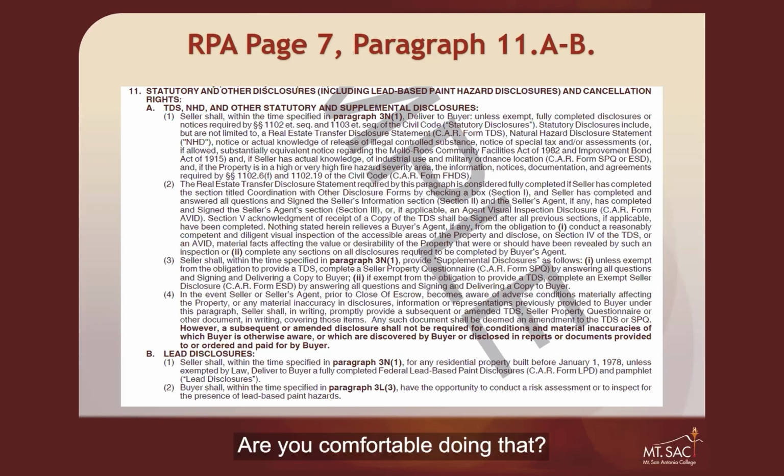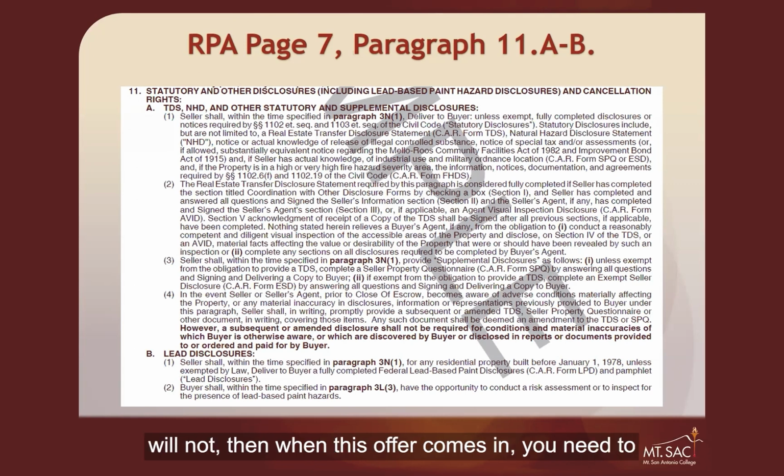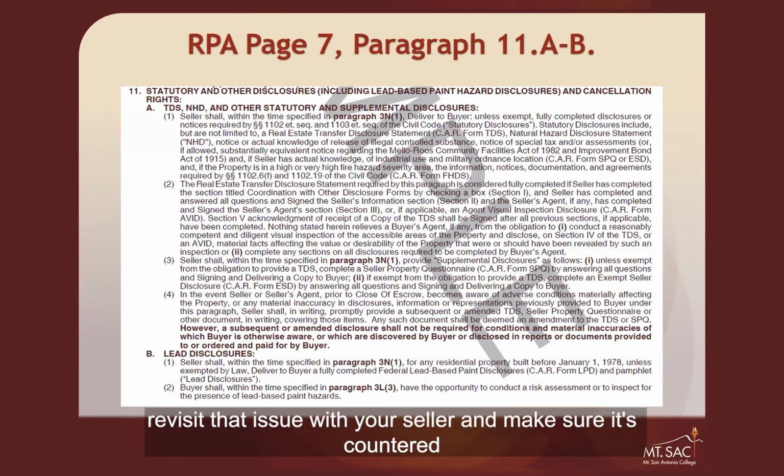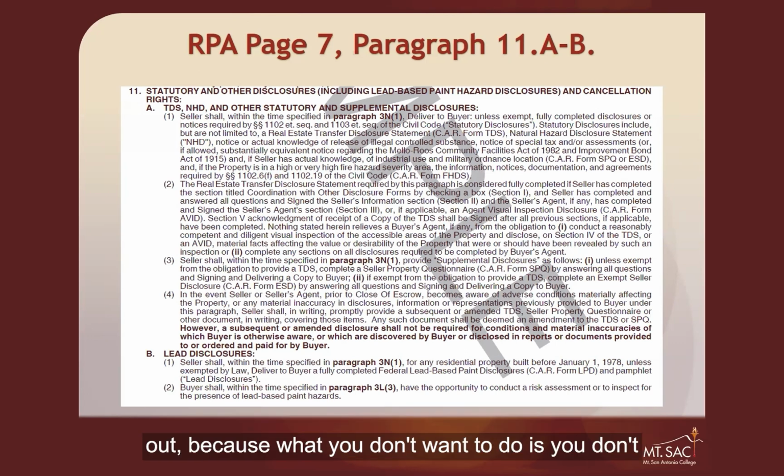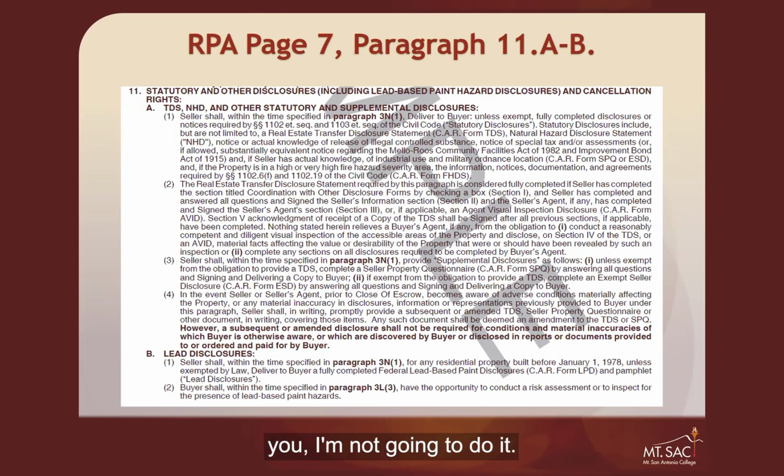Are you comfortable doing that? And if they come back with you and say, no, we will not, then when this offer comes in, you need to revisit that issue with your seller and make sure it's countered out. Because what you don't want to do is be in escrow and have the contract say seller must give an ESD, and your lender seller say, nuts to you, I'm not going to do it.